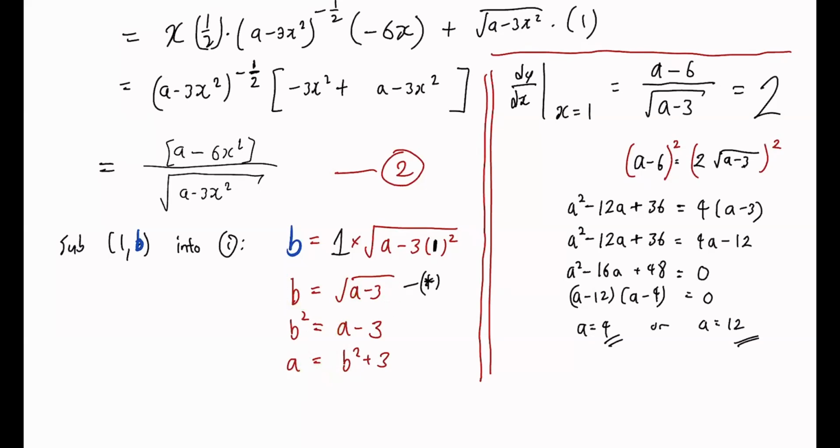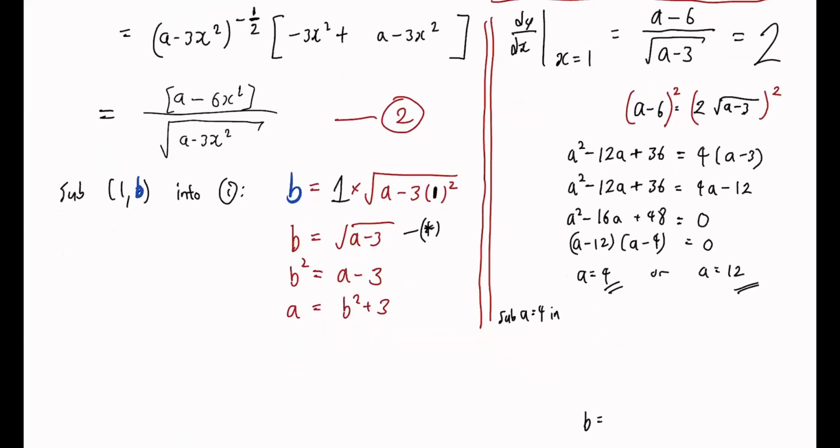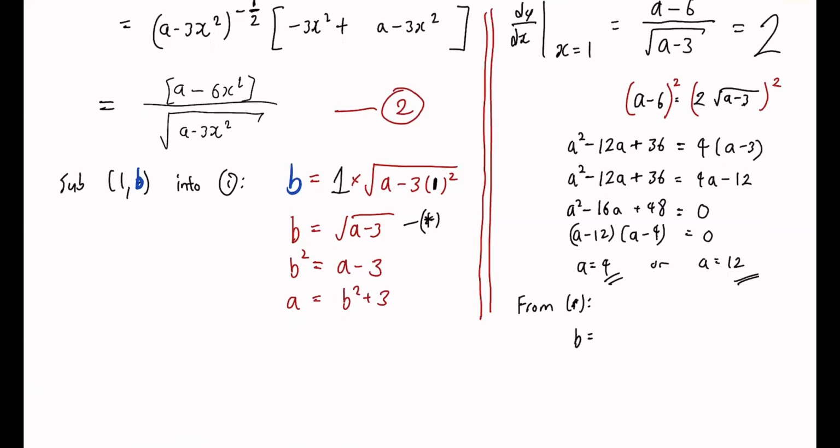Anyways, if you want, you can write down substitute A equals 4 in asterisk. Actually, I'm lazy. I think this is quite clear. You're substituting the A in, so you can just say from asterisk. Wow, my asterisk looks very bad. Let me try again.